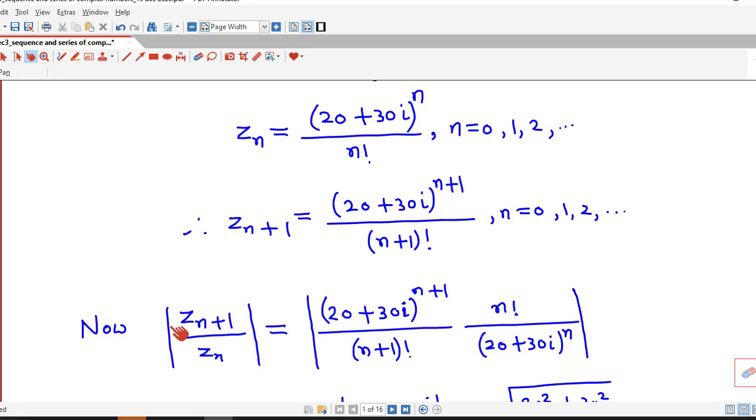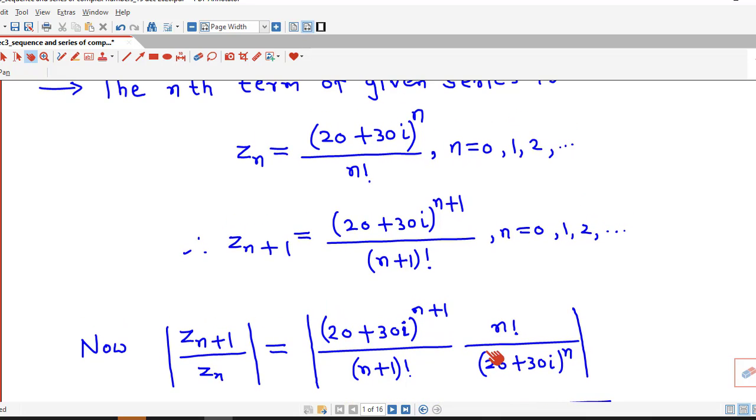Now we find the absolute value of this ratio of the n plus 1th term to the nth term. So we substitute the values of zn plus 1 and zn, so 1 upon zn is n factorial divided by 20 plus 30i raised to n.